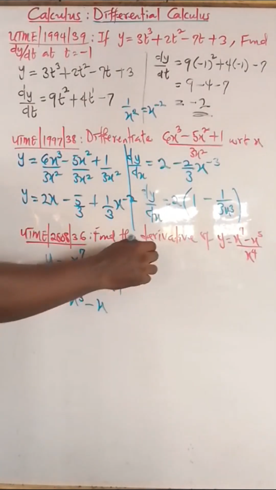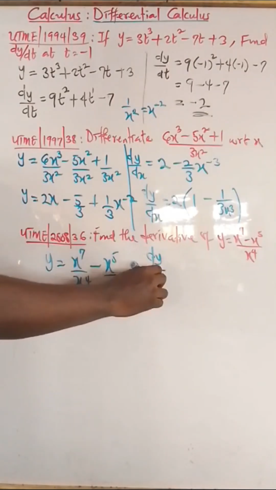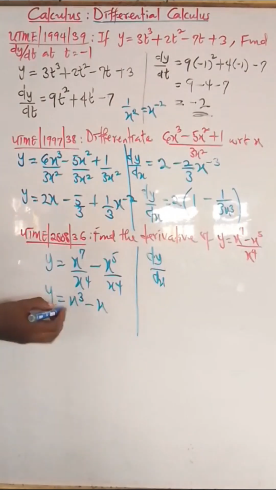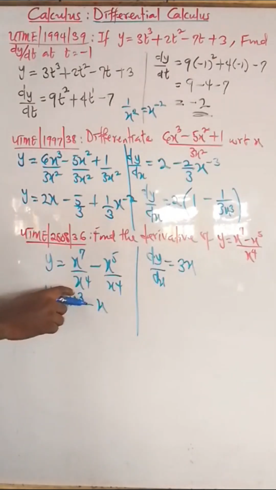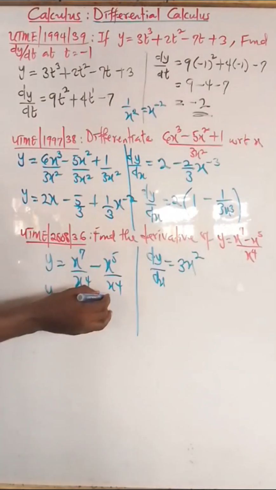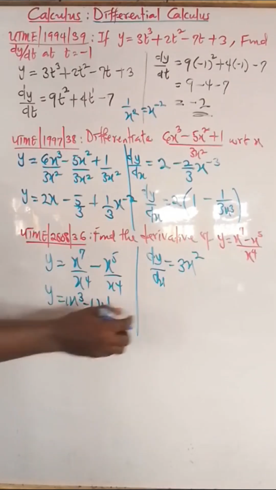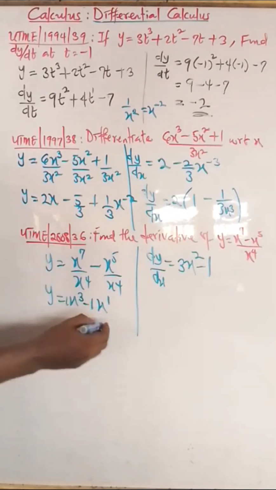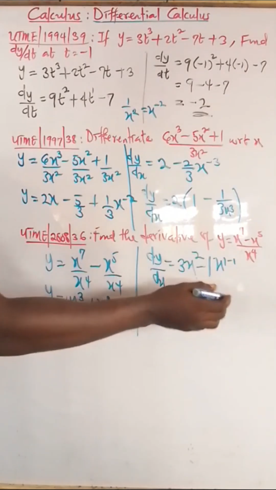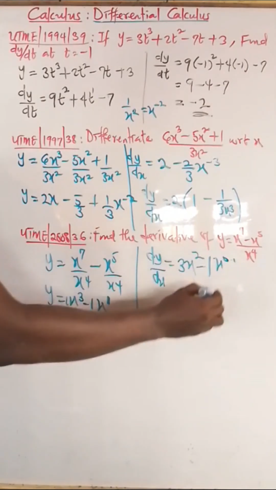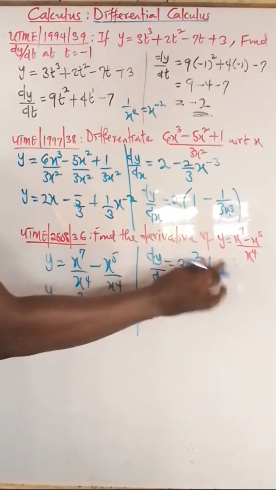From here, dy/dx becomes 3 times 1, and from this 3 remove 1. There's 1 here, and 1 times 1 is 1. Then x to the power 1 minus 1 is 0, and x to the power 0 is 1.